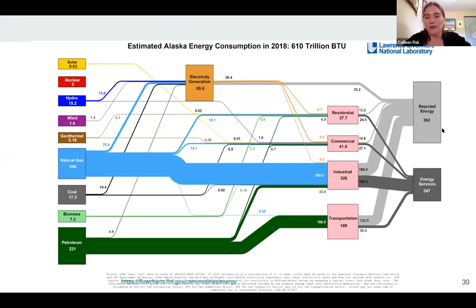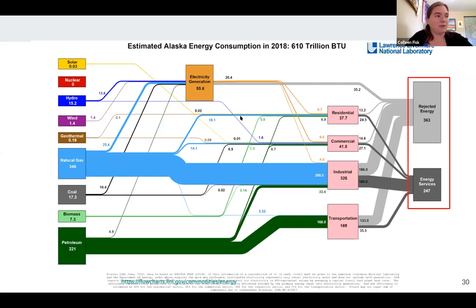When we talk about the first fuel, the way someone explained this to me that I thought was really profound, hopefully I can share it, is if half of that rejected energy, that wasted energy, was moved to energy services, that would be like doubling the amount of fuel that we had available to us. We could actually use that fuel more efficiently.